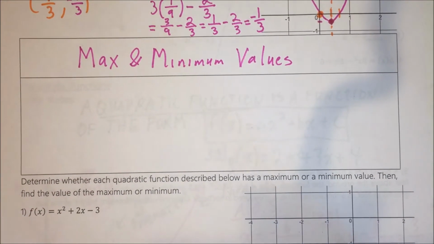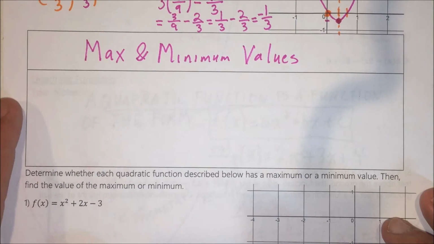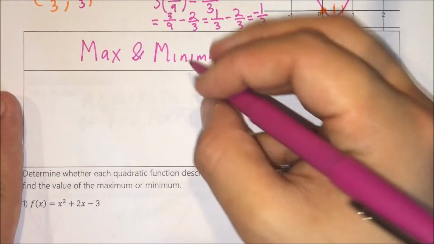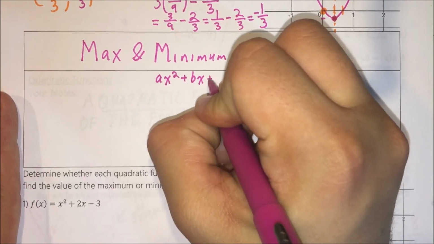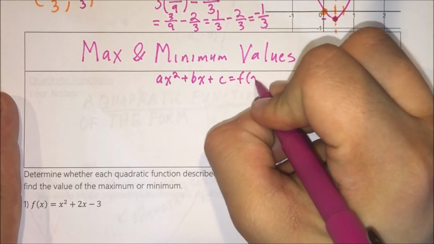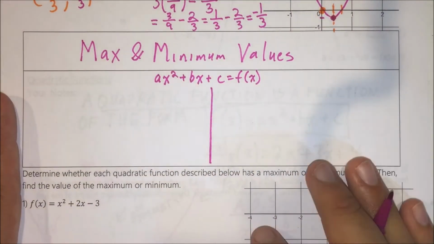Maximum and minimum values basically just mean where the function is either at its peak or at its lowest. So if we're talking about a max, how can we distinguish the two? Well, again, remember, a quadratic function is always going to look like this. And how do we know whether the function has a maximum or minimum?